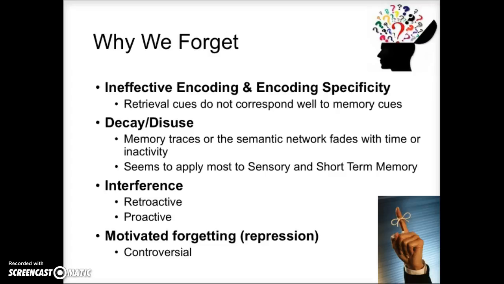Most of what we know about how the brain and memory work suggests that this is probably not a very common occurrence. In fact, the more we try to not think about something, the more we try to forget something, oftentimes the more we think about it and the more we remember it.